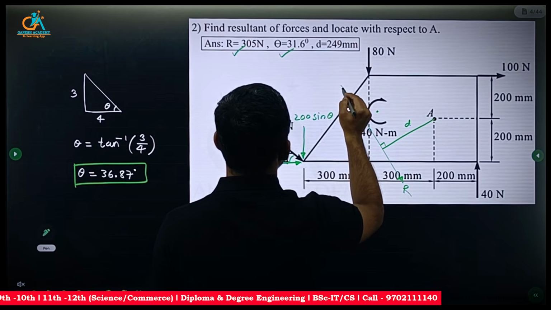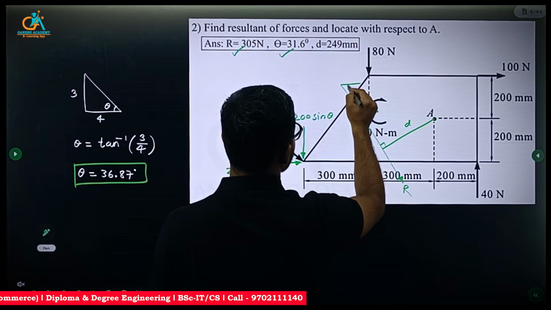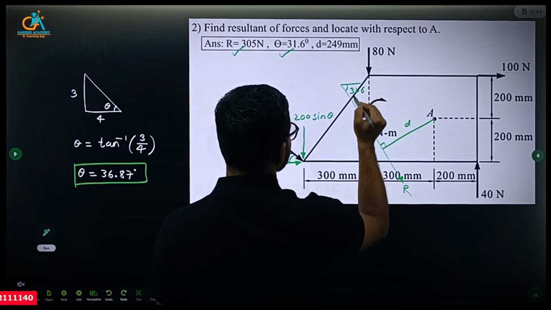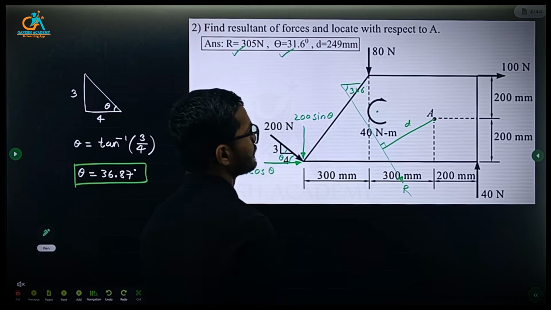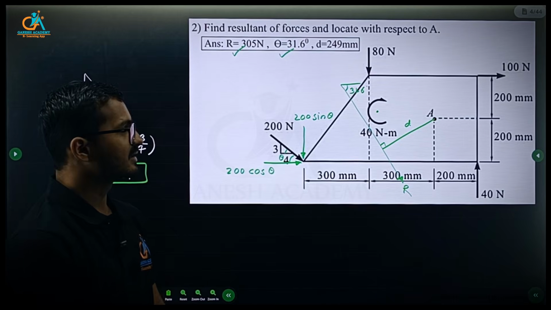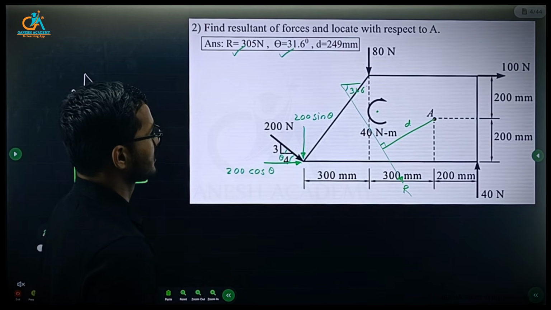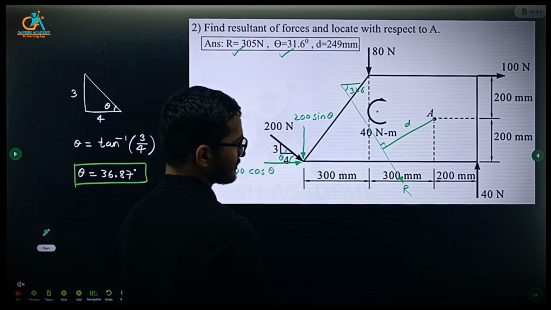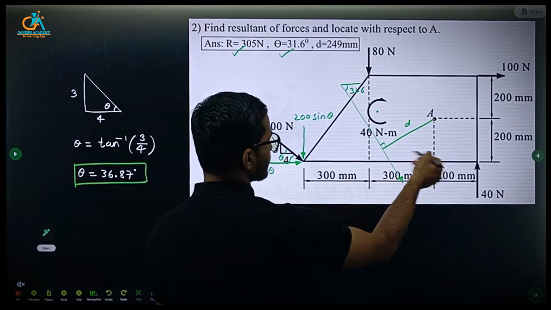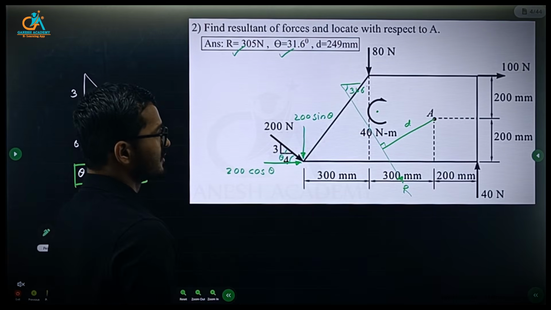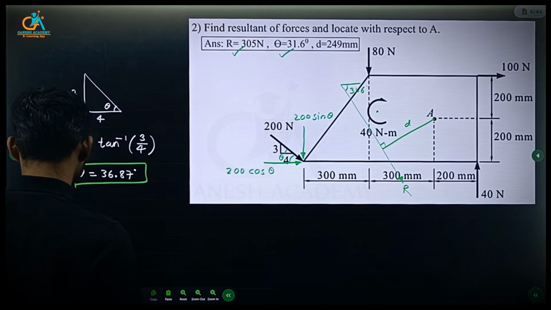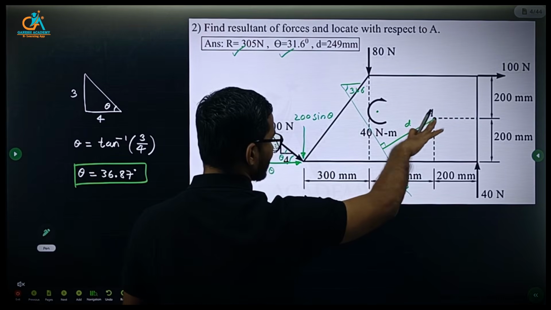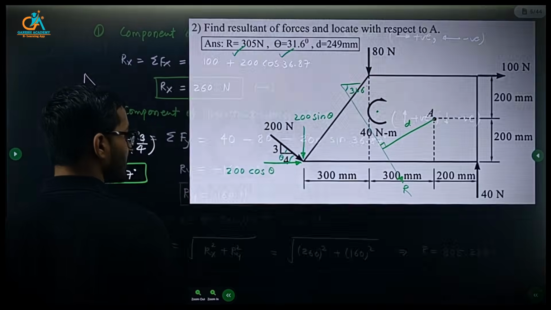This resultant is making an angle 31.6 with horizontal, and it is in this direction because horizontal component is positive, vertical component is negative. So find the distance by using Varignon's theorem. So R into D will be the moment about A, anti-clockwise in sense.